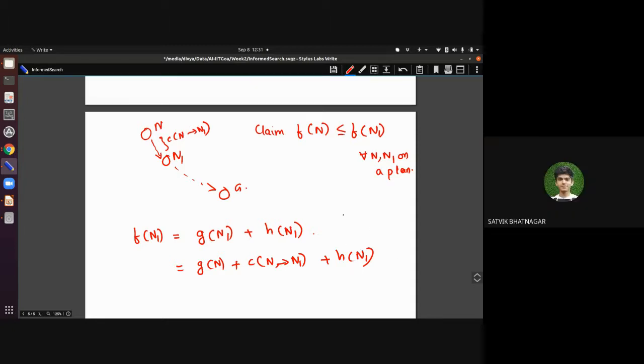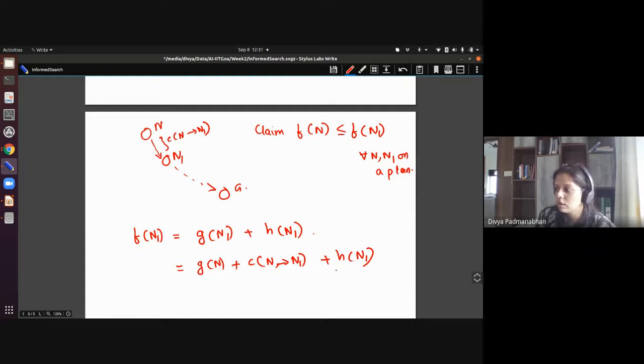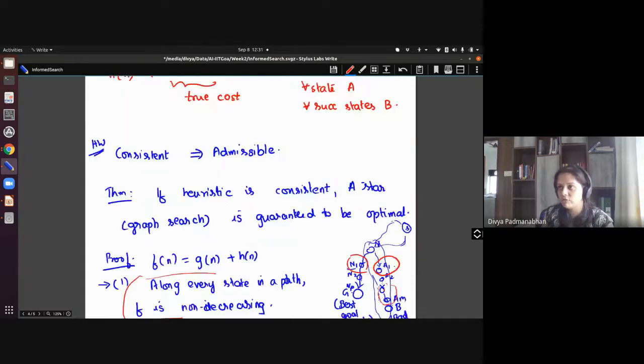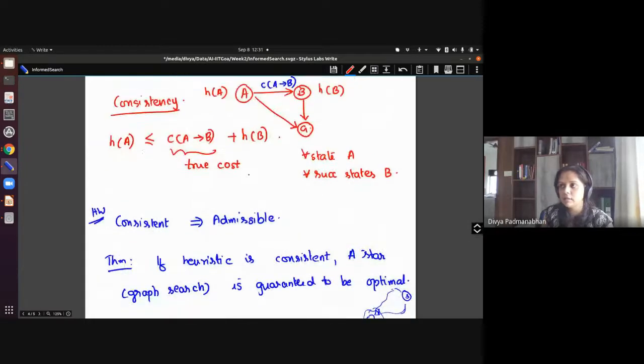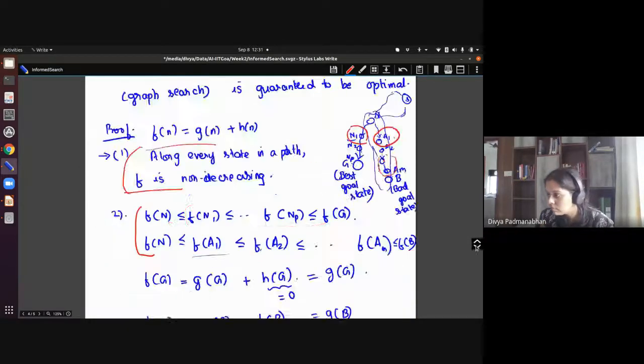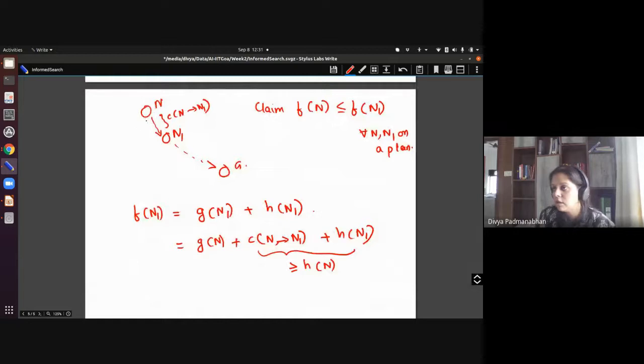Yes, ma'am. Okay. So now is where you will use consistency. So c of n to n1 plus h of n1, this quantity is greater than or equal to h of n. That's what we defined consistency as. So h of n is what you have at this state, and that is going to be less than the true cost of getting to n1 plus the heuristic value.